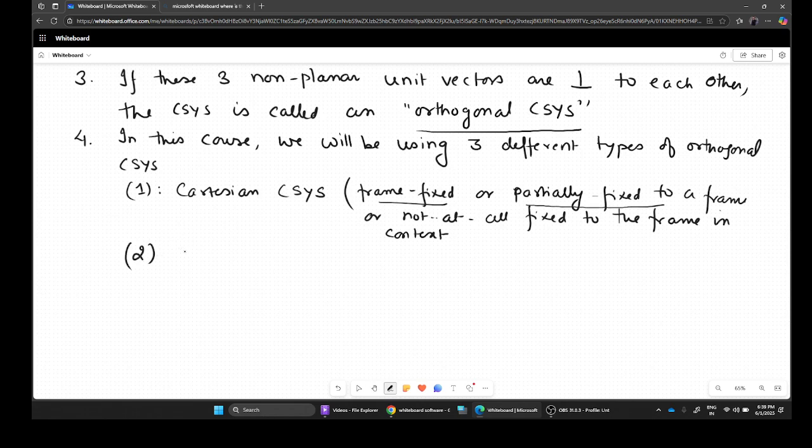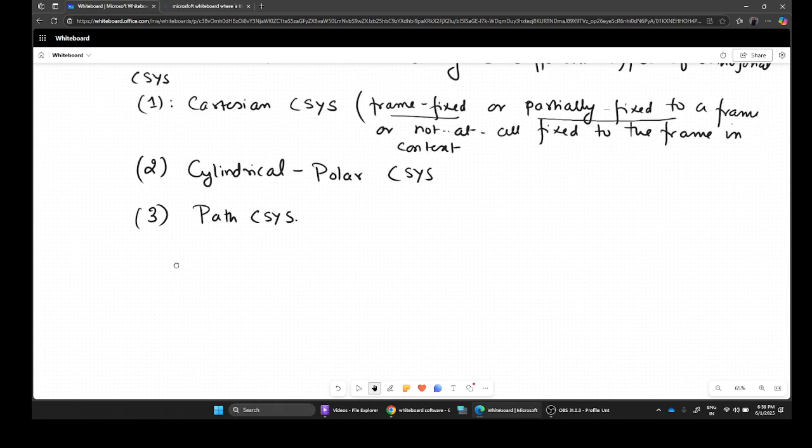The second type of coordinate system which we will use in this course is the cylindrical polar coordinate system, and the third one is the path coordinate system. The pertinent question here is, why do we need different coordinate systems? Why do we need a coordinate system to begin with?